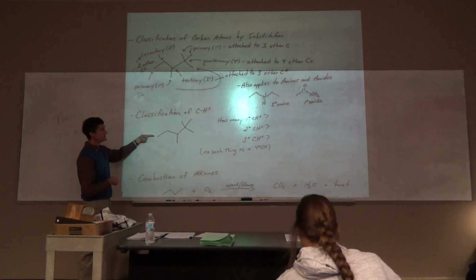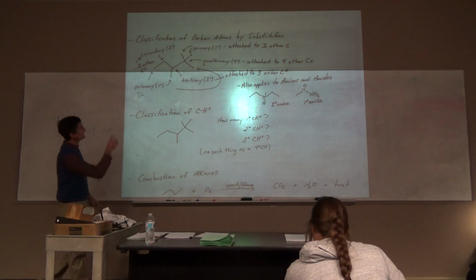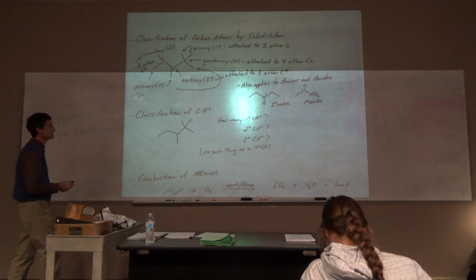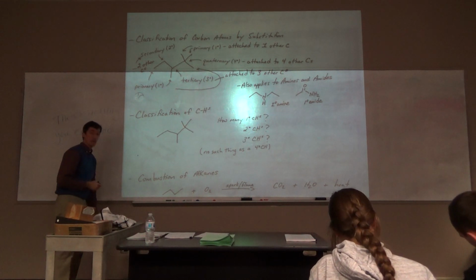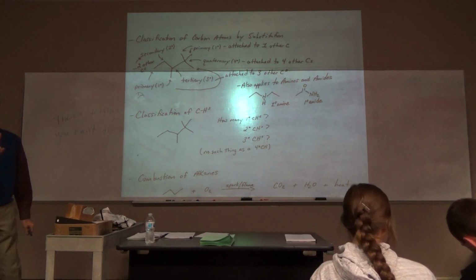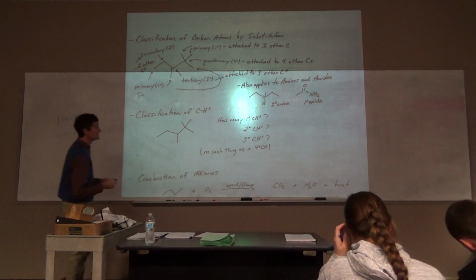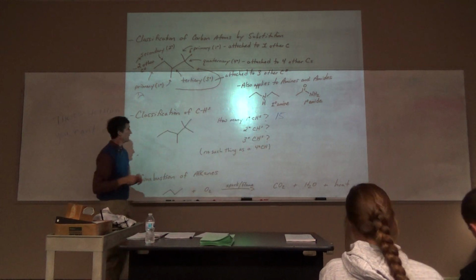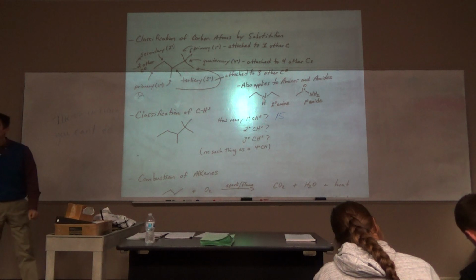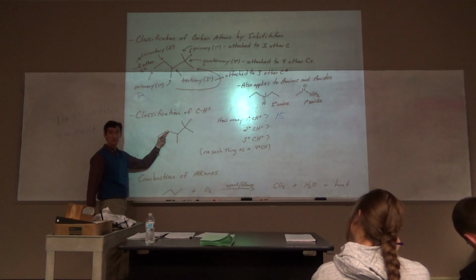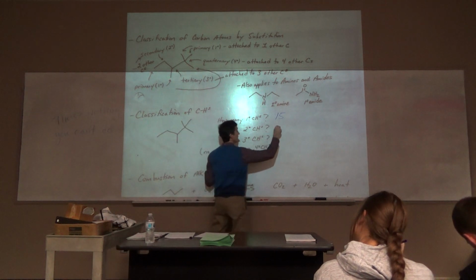How many primary CHs in this molecule? It's the same molecule as above. How many primary CHs? 15, because each primary carbon, of which there are 5, has 3 H's. Yes, 15. How many secondary CHs? Well, how many H's are on secondary carbons? It's only one secondary carbon, correct? How many H's there? 2.